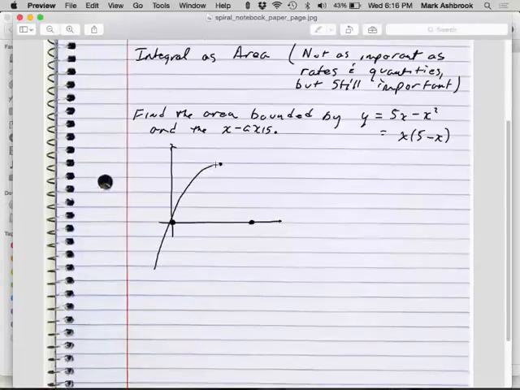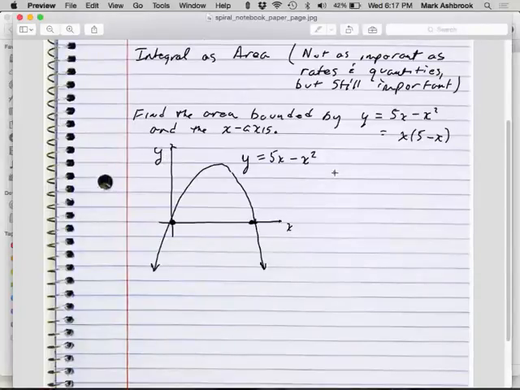Somewhere it's going to have a high point. All right, so this is our y equals 5x minus x squared. And this is the x-axis. The x-axis is the horizontal axis.